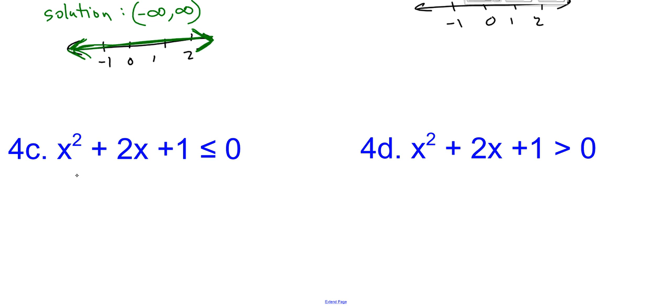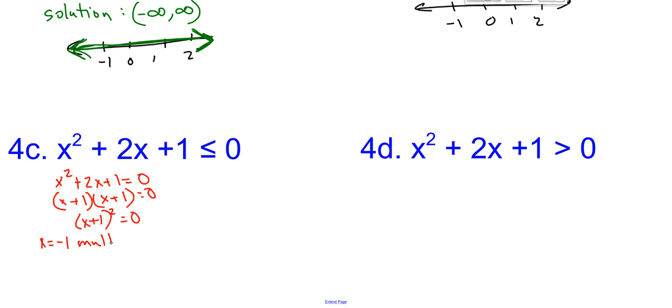So when I factor x squared plus 2x plus 1 equals 0, I can factor that into x plus 1 in parentheses squared. Remember then, that means that x equals -1 with a multiplicity of 2. And when it has a multiplicity of 2, remember it just touches there as we go.